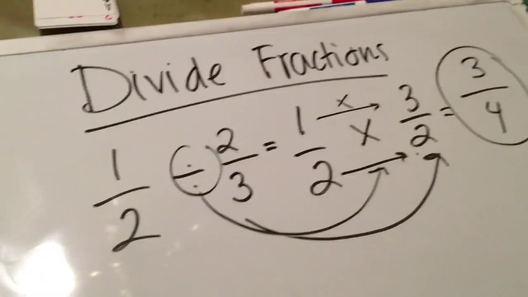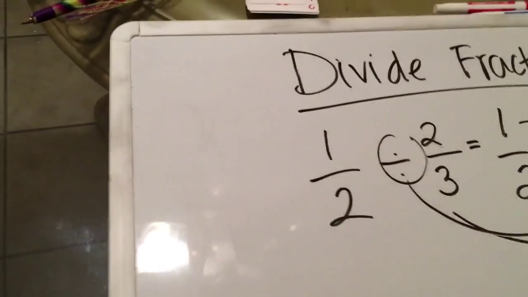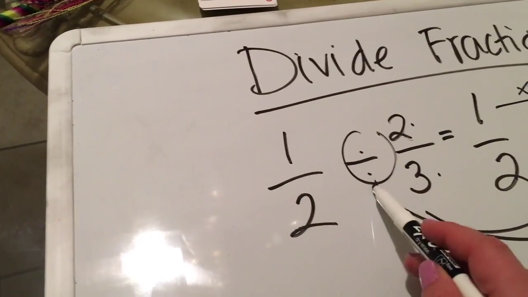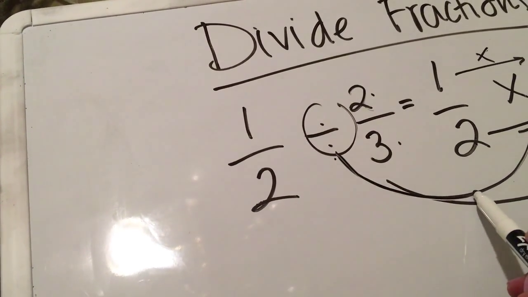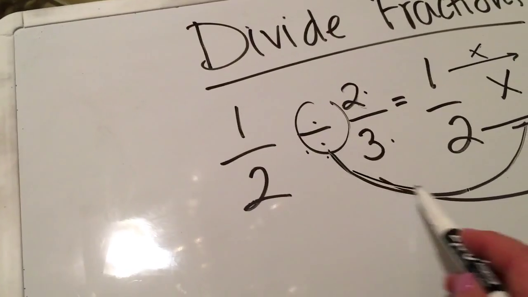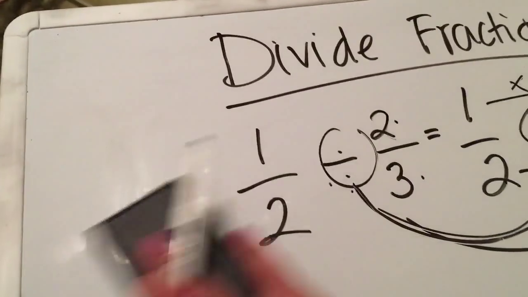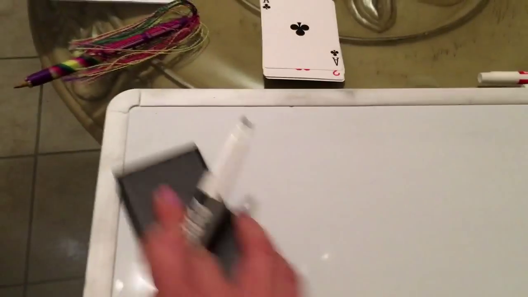No. Do you want me to do another example? No. So remember that when we divide, we just flip the second fraction, and the division sign becomes multiplication, okay? Okay. We change the sign as well.